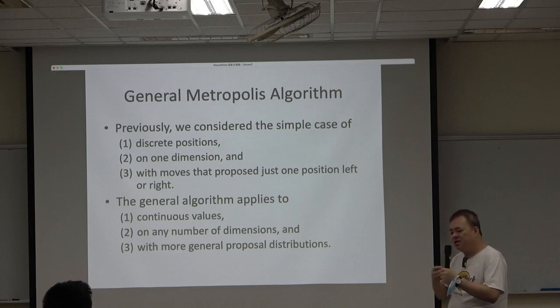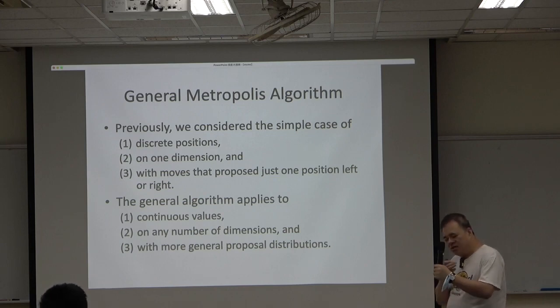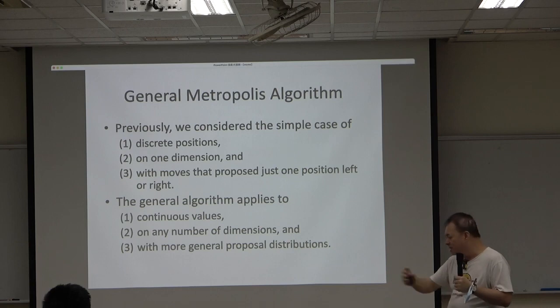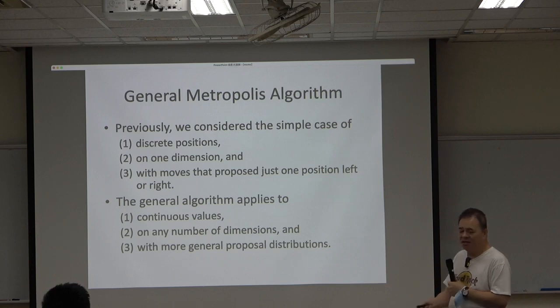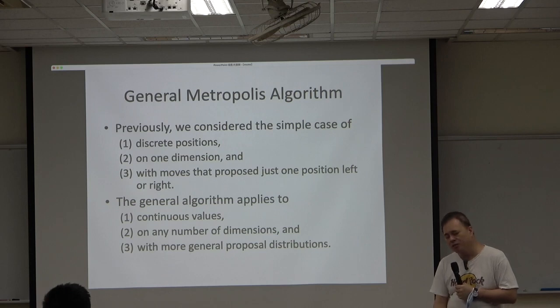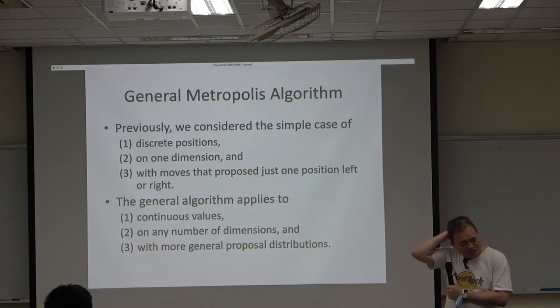We have a chain of islands distributed in one dimension, with moves that propose just one position left or right. Each time, we flip a coin and decide to propose to move left or right, and then of course we need to determine whether or not we really move to that particular island, based on the ratio of the populations.